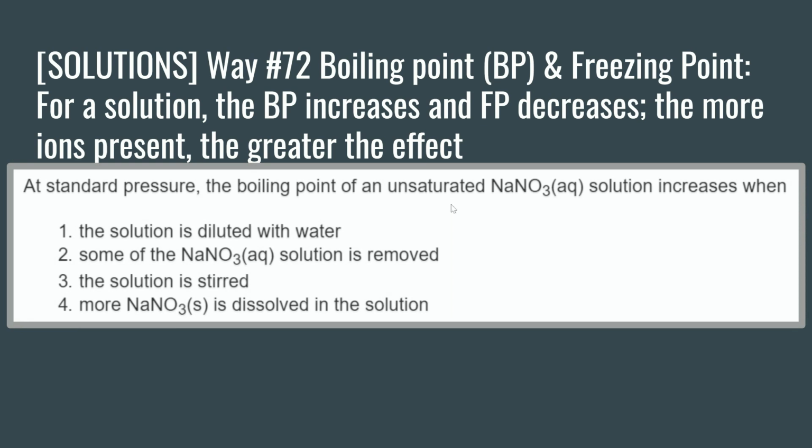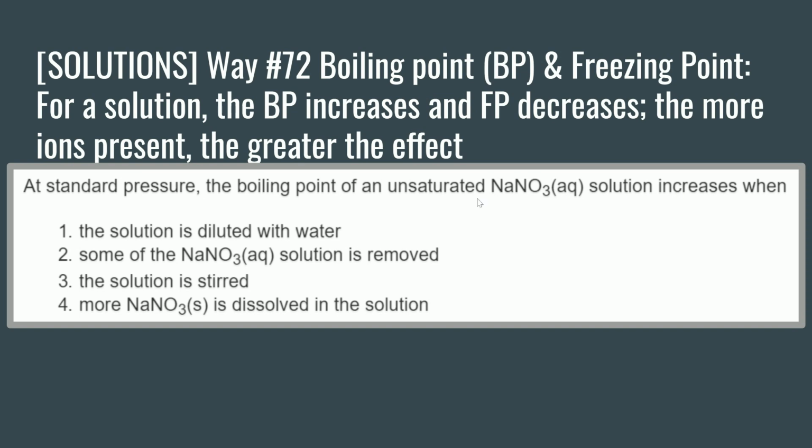Let's try some problems. At standard pressure, the boiling point of an unsaturated sodium nitrate aqueous solution increases when... Well, this is asking you how we can get the boiling point of an unsaturated sodium nitrate solution to increase.